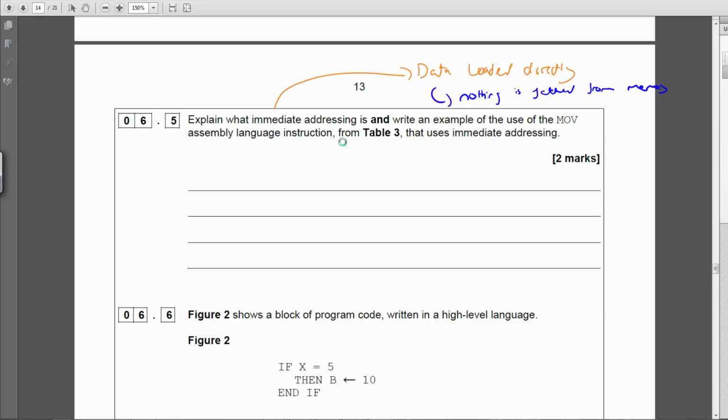I guess the textbook definition would be that the operand is part of the instruction. It's only 2 marks, and we need to write an example, so I don't want to forget that. So let's say the data is loaded directly.